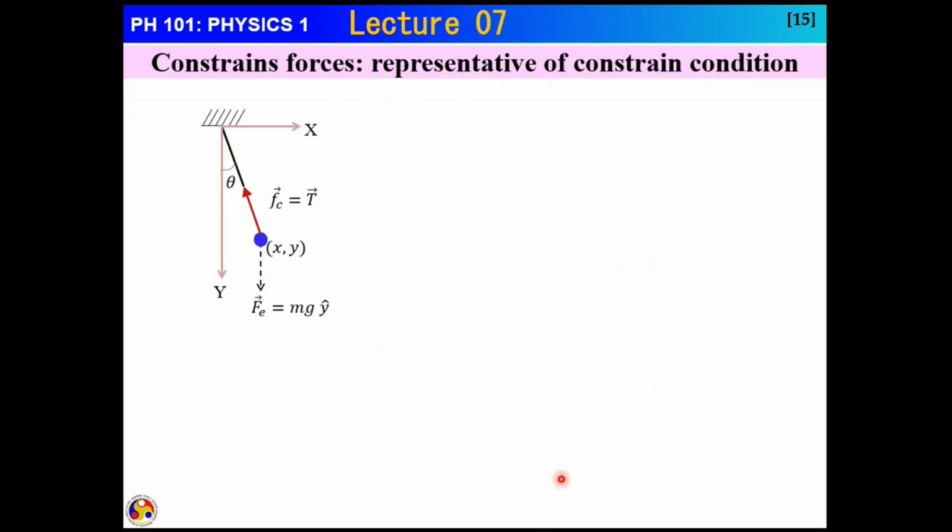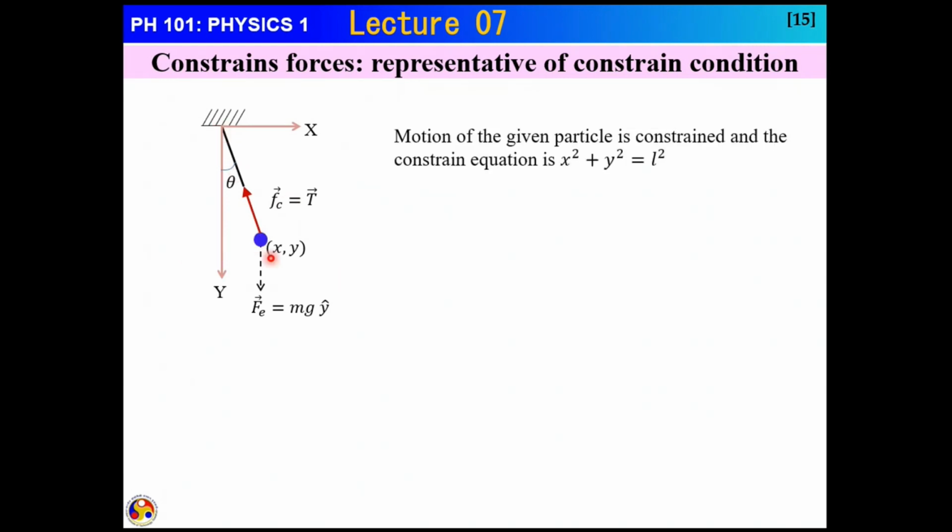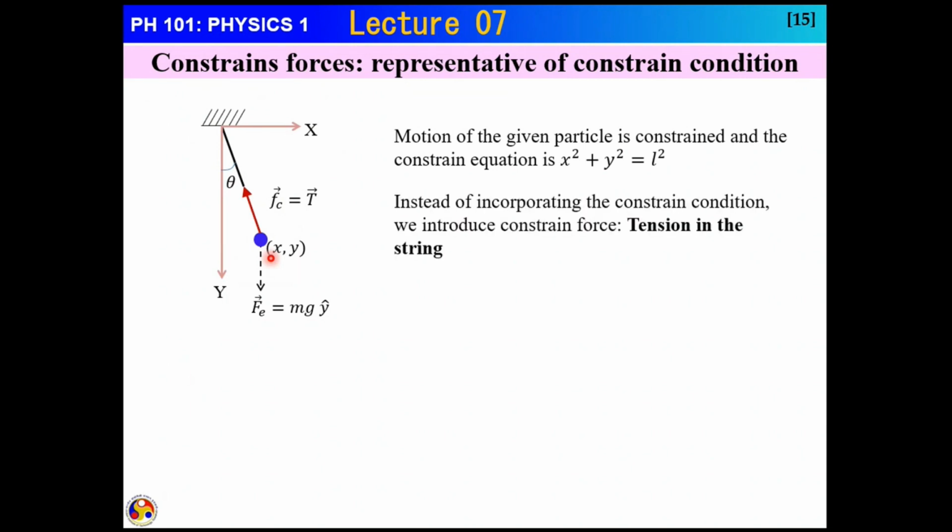For example, if we say that this is fixed, this is the constraint, that the length of the string is fixed, then instead of incorporating the constraint condition, we introduce a constraint force, the tension in the string.